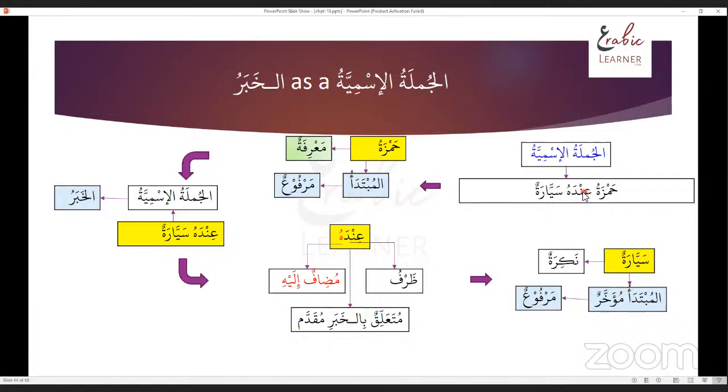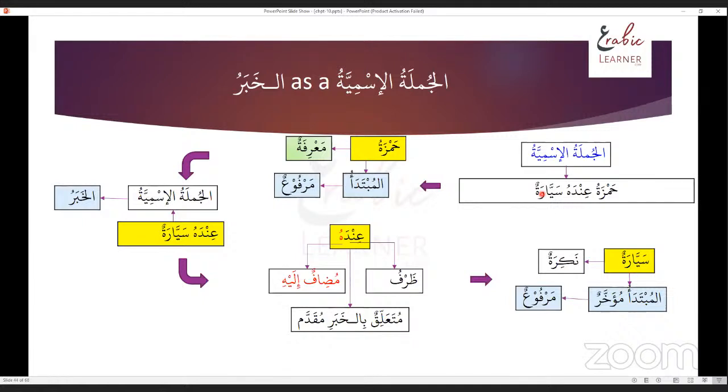This is a confusion, right? But if you look at this part of the sentence, indahu sayyaratun, it is a jumla by itself which starts with mutalik bil khabar, and it has a mubtada coming afterwards, which is muakhar, mubtada muakhar.